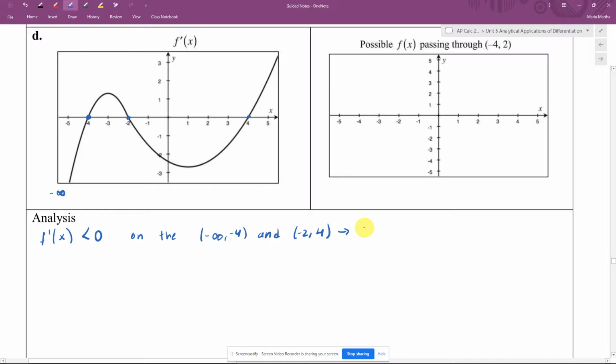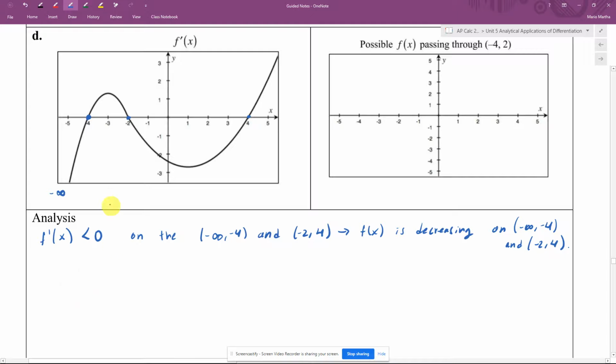So we can say that f of x is decreasing on negative infinity to negative 4 and negative 2 to positive 4.